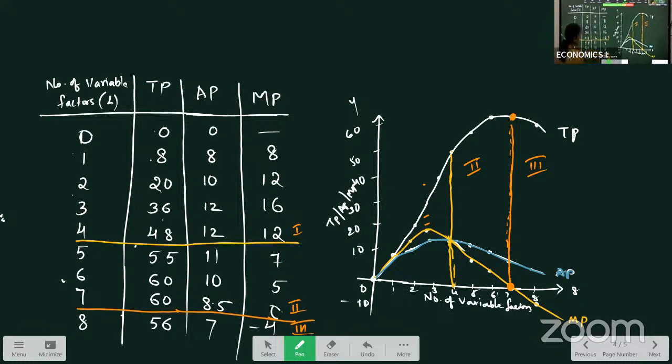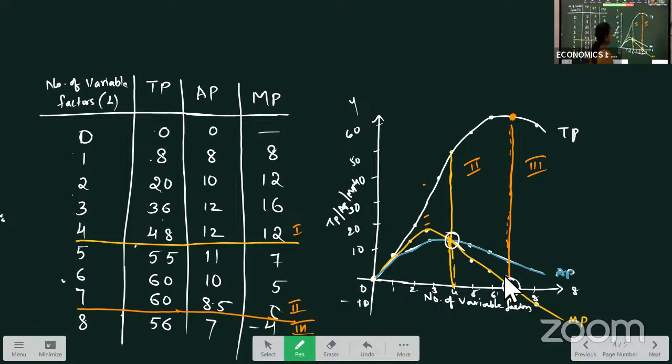So based on this table, we will do our graph also. In the graph, we can see that our total product is increasing at an increasing rate. AP is increasing and decreasing. Our MP is increasing, becoming equal to our AP, decreasing, becoming 0 at a certain point, and then becoming negative.